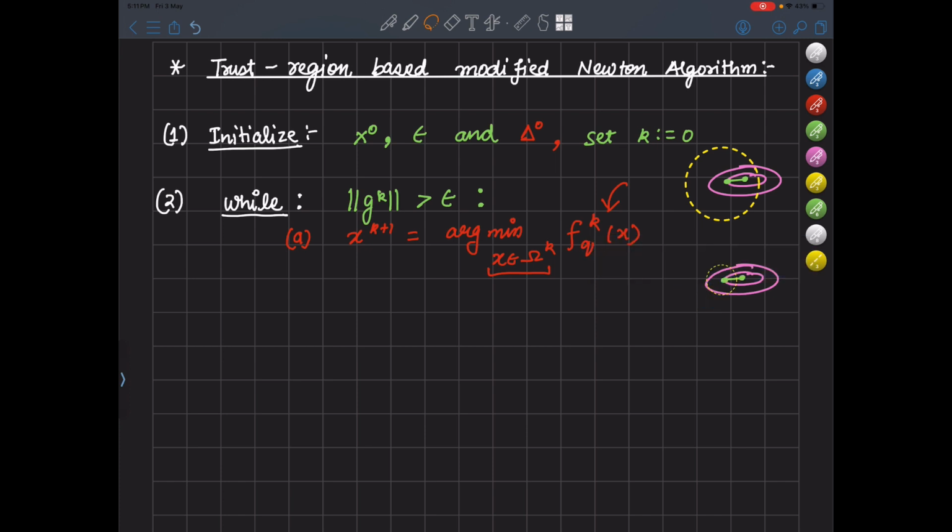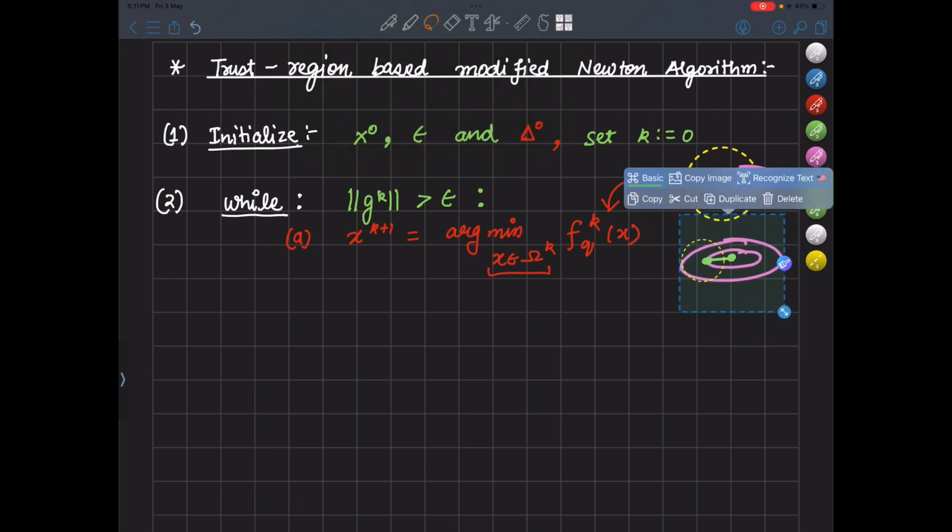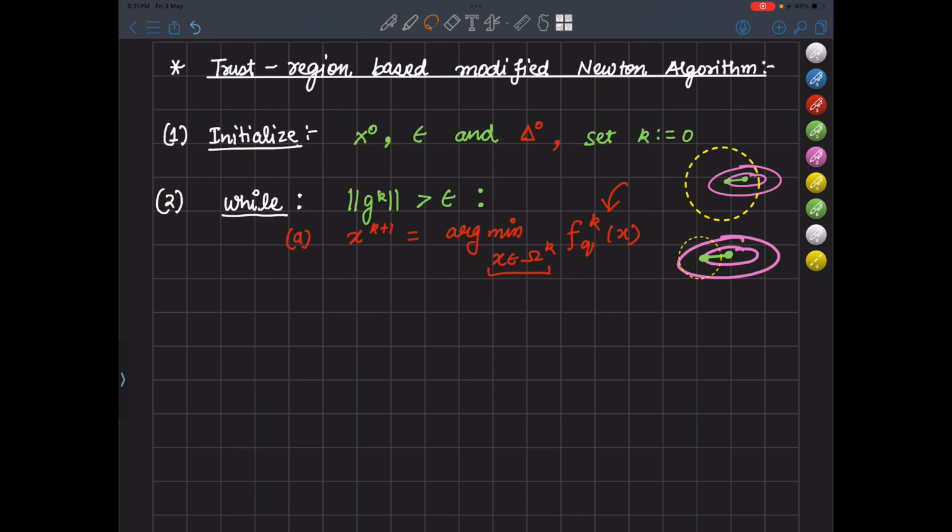If not, we'll join the line from xk to the optimal point, and the problem reduces to finding where the line intersects this circle. So there will be two possibilities. We saw already how to solve this problem. So we'll first solve for xk plus 1. Once we get xk plus 1, we use the previous algorithm to determine delta k plus 1 and rk.